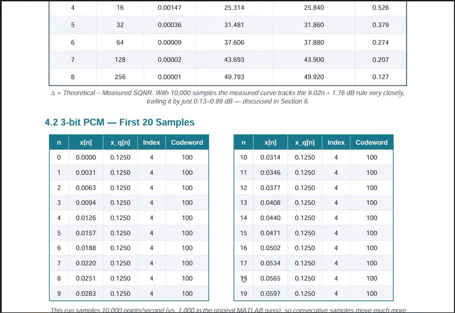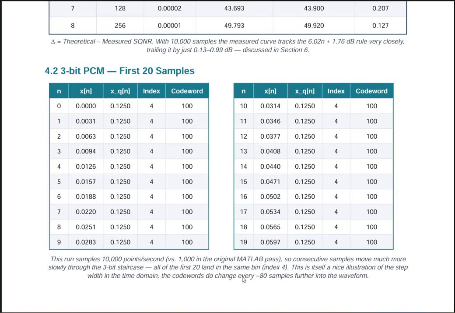Now, here you can see the 3-bit pulse code modulation example. For 3 bits, we have 2 to the power 3 equal to 8 levels. In this output table, we can see the original samples, the quantization index, the binary codeword, and the quantized value. For example, the first sample is approximately 0, but after quantization, it becomes 0.125.